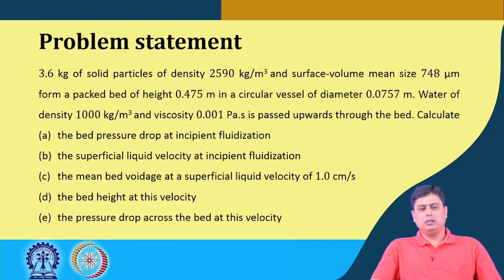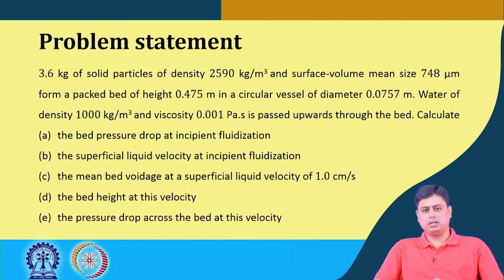At this velocity, quite naturally the bed will be expanded, because we have to check at first what is the minimum fluidization velocity. If this 1 centimeter per second is beyond that value, then definitely the bed will be expanded. So, what is the bed height at this velocity and the corresponding pressure drop when the liquid superficial velocity is 1 centimeter per second.